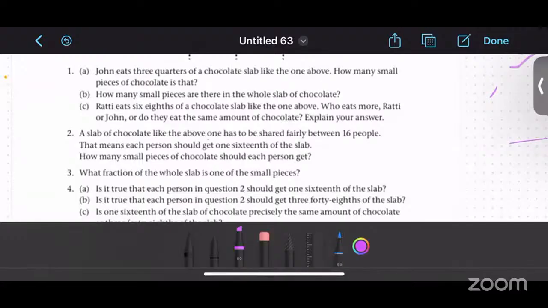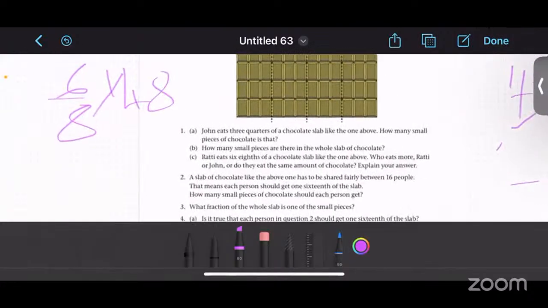And then now, after getting the amount, you should tell who eats more, or are they eating equally? And they eat equal. Why? Because 48 multiplied by 3 over 4 gives you 36, and 48 multiplied by 6 over 8 gives you 36. Sorry, you say how much? 36.